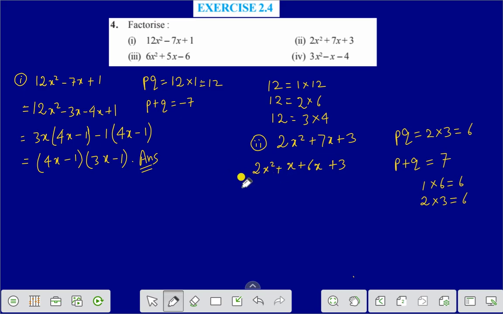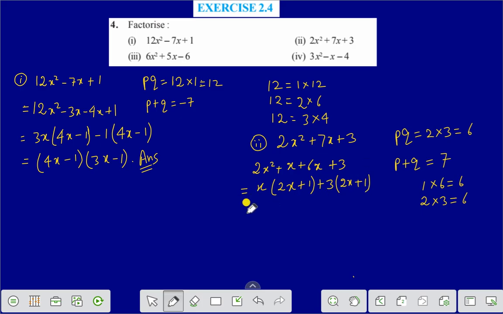Therefore, if we take x as common, we are getting 2x plus 1. Plus, take 3 as common, and 3 2s are 6, 2x plus 1.